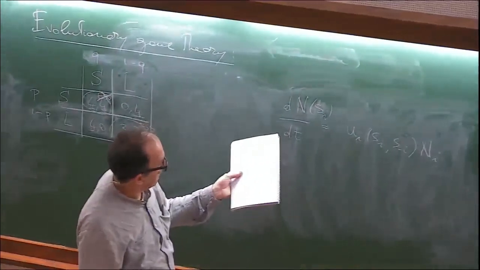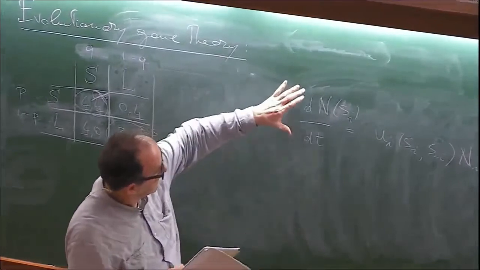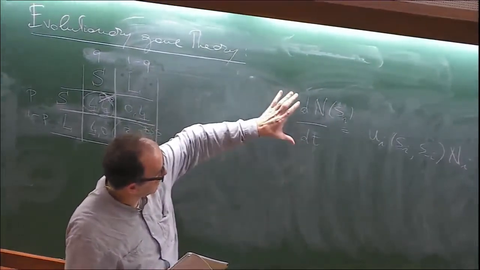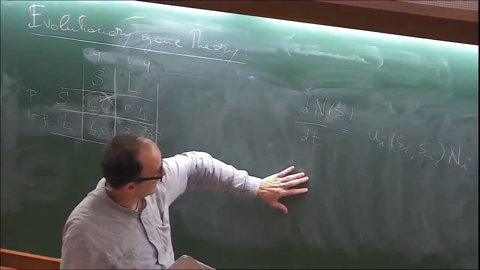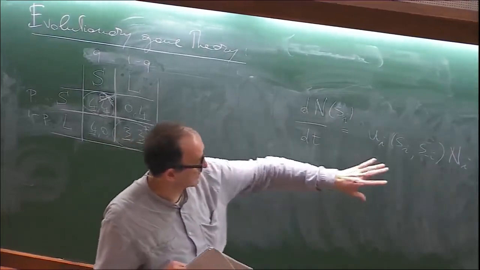So you have a set of equations for the rate of growth of the different populations.